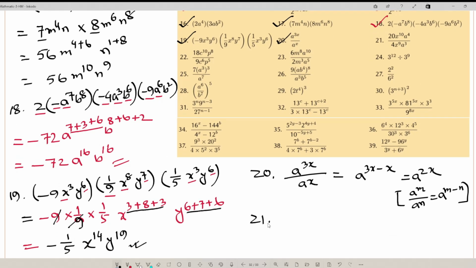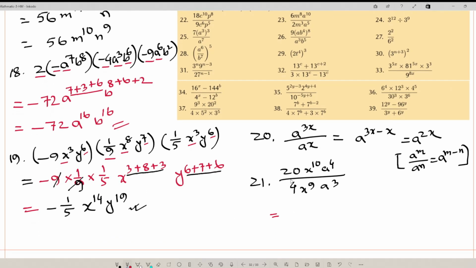Now number 21, here is 20 x to the power 10 a to the power 4 divided by 4 x to the power 9 a to the power 3. So here we have to be careful about one thing. Look, here is 20 and here is 4. Once we divide both, we will get 5. Okay, so here is 5. Now look, here is x to the power 10 and divide x to the power 9.